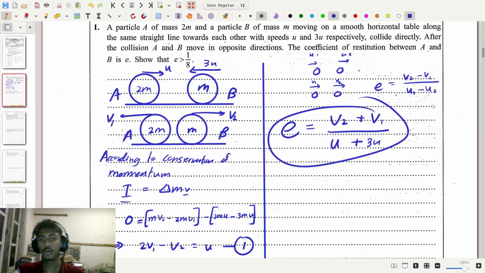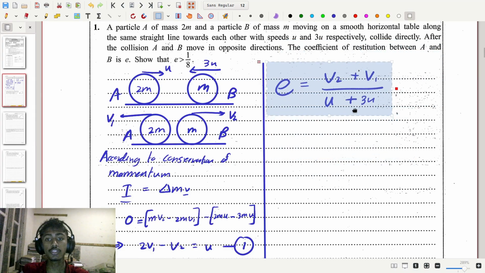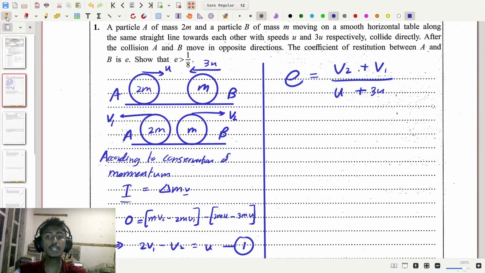So therefore, we get E equals V2 plus V1 divided by U plus 3U. Now if we simplify this, we can see on the denominator we have 4U, and taking that to the other side we have 4EU. So V2 plus V1 equals 4EU. This is going to be equation number 2.